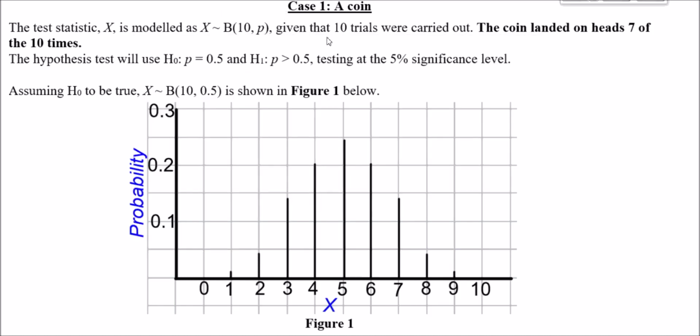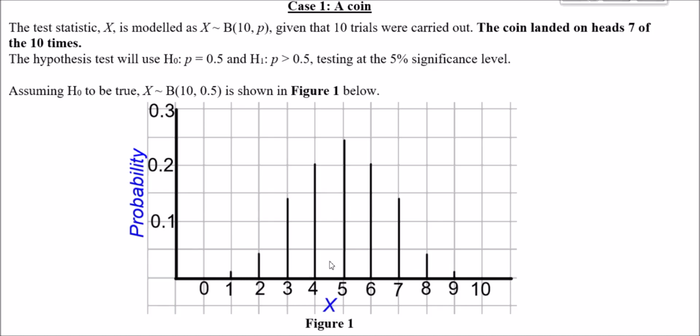So given that 10 flips of the coin were carried out, let's say the coin, for example, landed on 7 heads out of 10 throws. So is that going to be unlikely enough to reject our assumption the coin is fair, or isn't it? This is what the whole idea of hypothesis testing is about. So for this test, we're going to assume that the coin's fair. The alternative hypothesis is that the coin is biased towards heads. We're going to test at the 5% significance level.